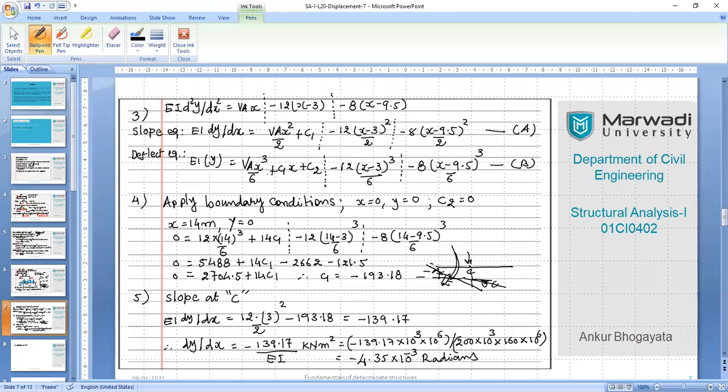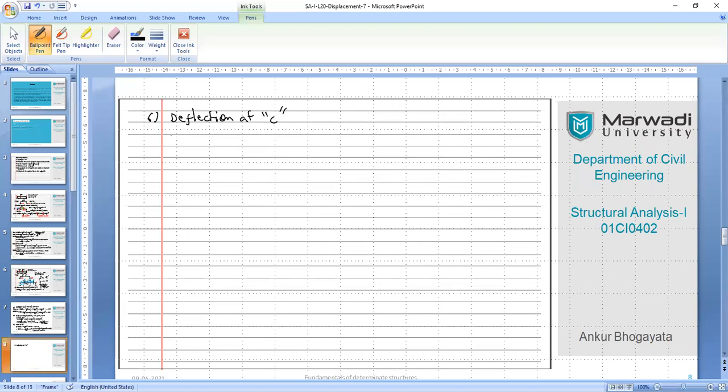Now we'll utilize this equation where we need to use the C1 value which is available with us, and C2 is already 0. So let me write here, EI into Y equals VA into, I think it is x cube upon 6.